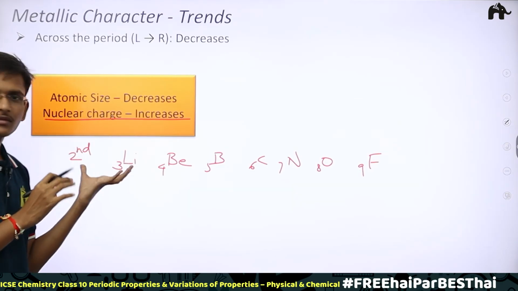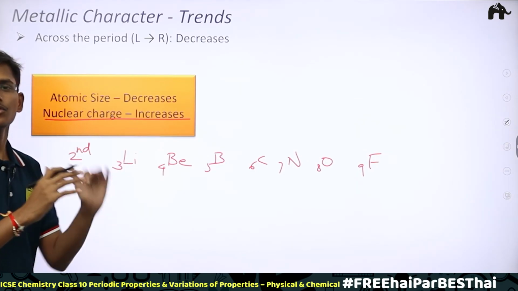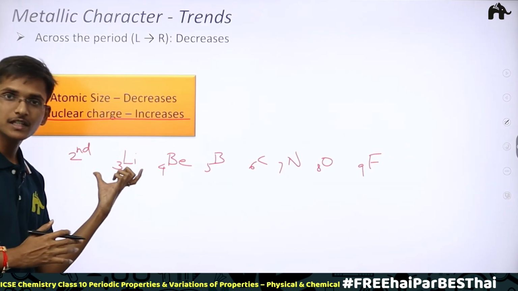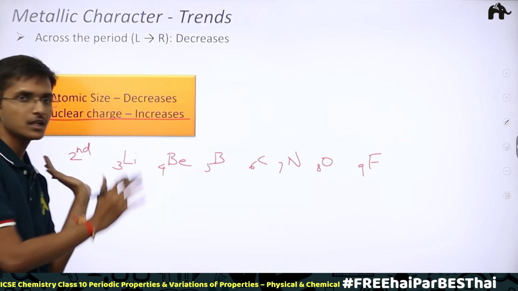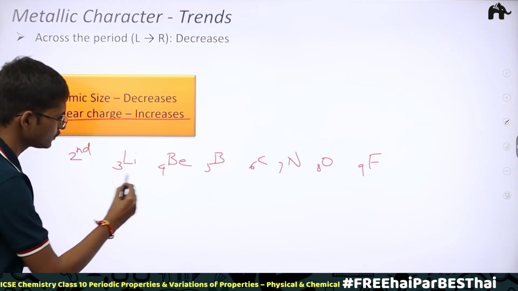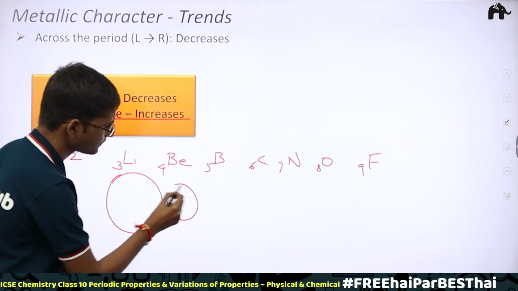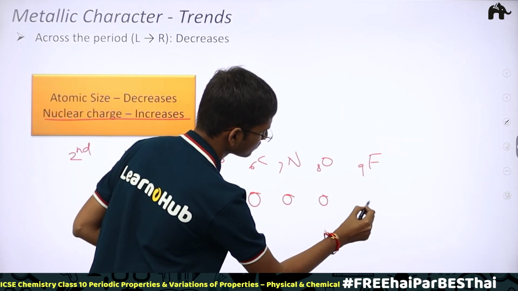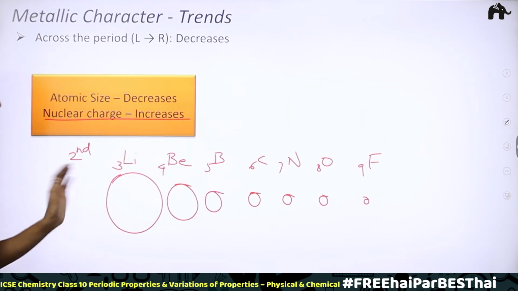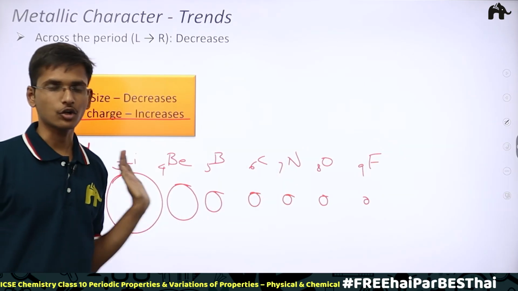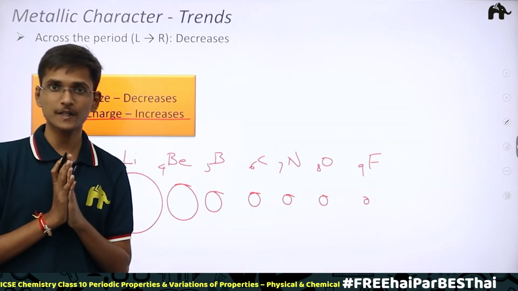Few slides ago, when we were studying the trend of atomic size, the atomic size of lithium is the largest in the entire period. Then the atomic size goes on decreasing. So you can just remember in this way. Just a visual representation of atomic size. So here you can clearly make out, oh, atomic size is decreasing. So in this way you can remember.